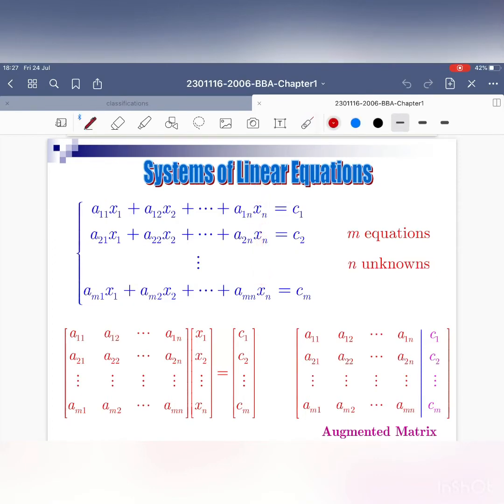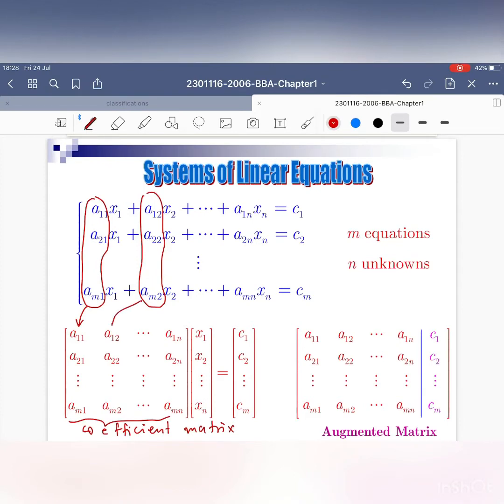As we mentioned previously, the coefficients of your x1 can be made into your first column of the coefficient matrix. Remember this one, coefficient matrix, right? And then the coefficients of your second unknown can be your second column, and of course the coefficients of your last unknown can be your last column right here.